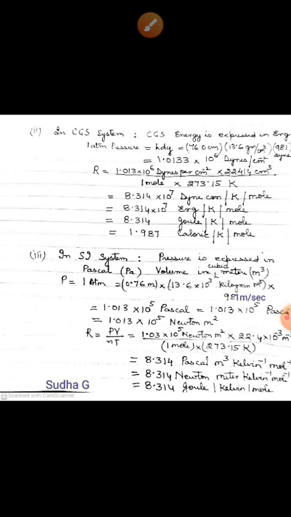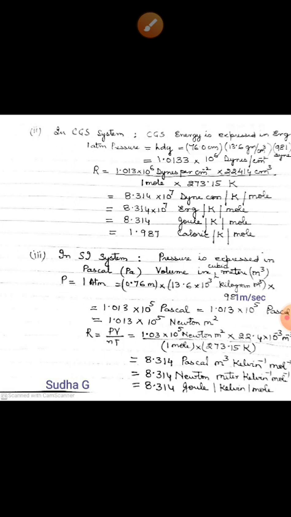Now, in the SI system, pressure is expressed in Pascal, volume in cubic meter. Again substituting as we did in the CGS system, pressure is equal to 1.013 into 10 raised to the power of 5 Pascal, which is equal to 1.013 into 10 raised to the power of 5 newtons per meter square.